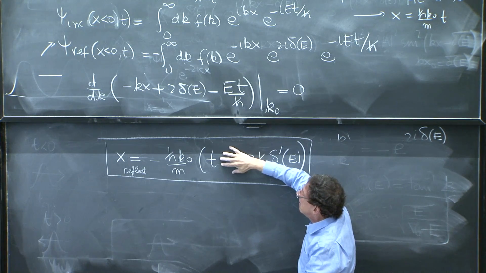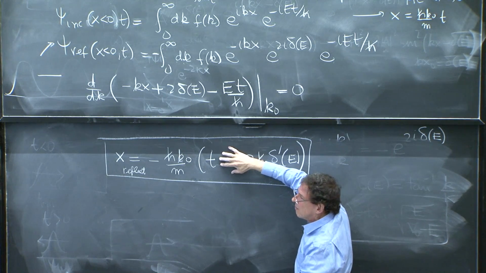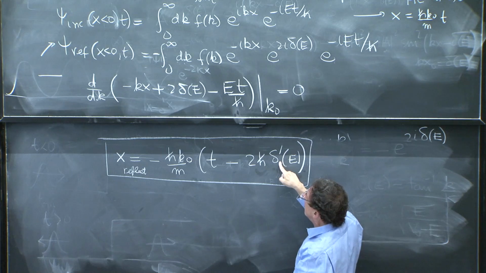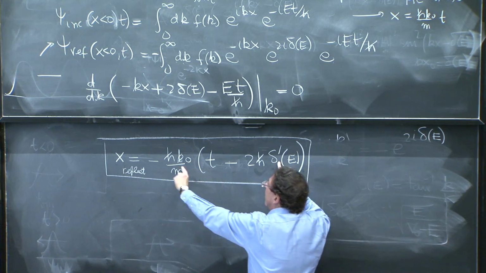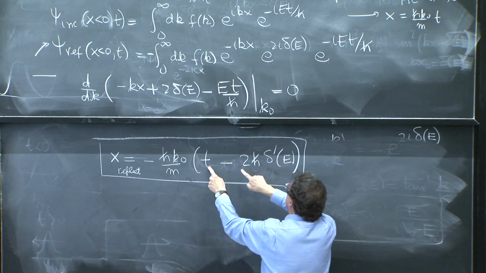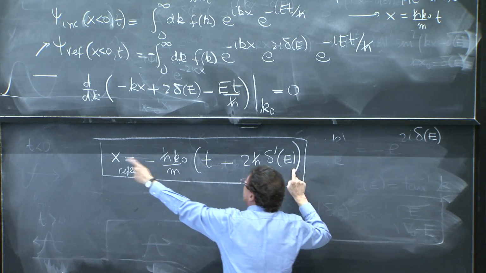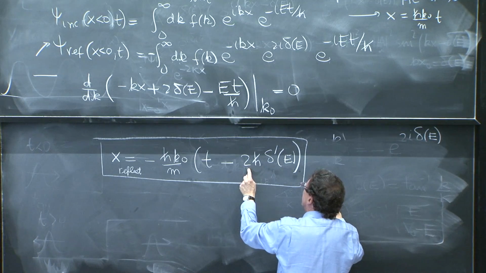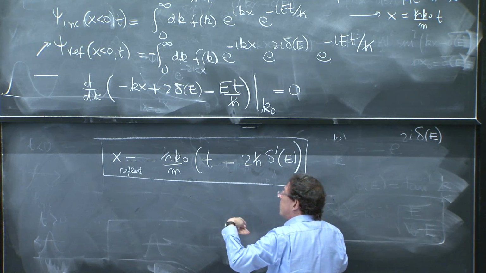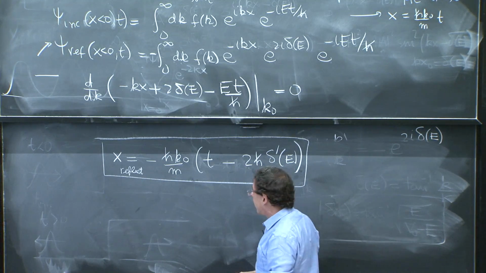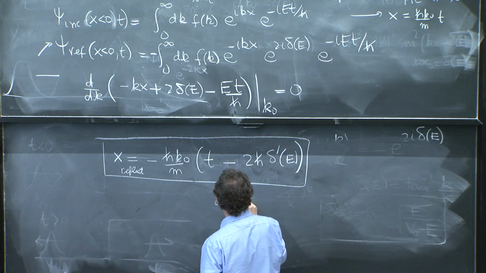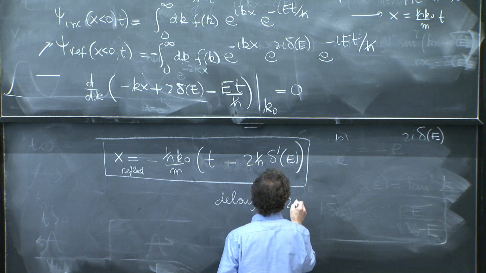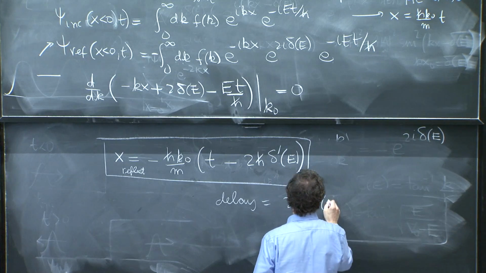You see it there, because x must be negative. But if there is this term, it really doesn't start to move to the left until t is bigger than that, so that x is negative. So only at t equal to this amount of time, the packet reflects. So there's a delay, and the delay is 2 h bar delta prime of E.